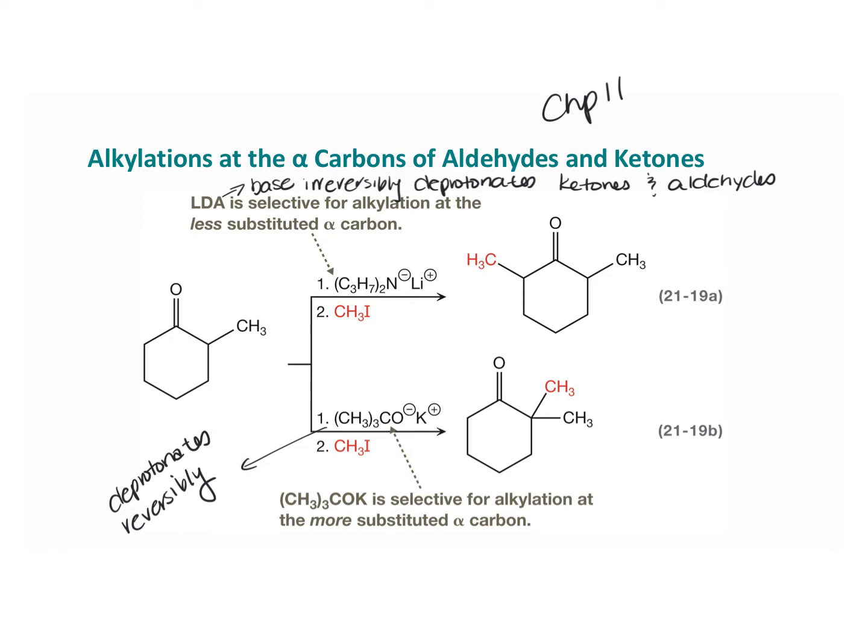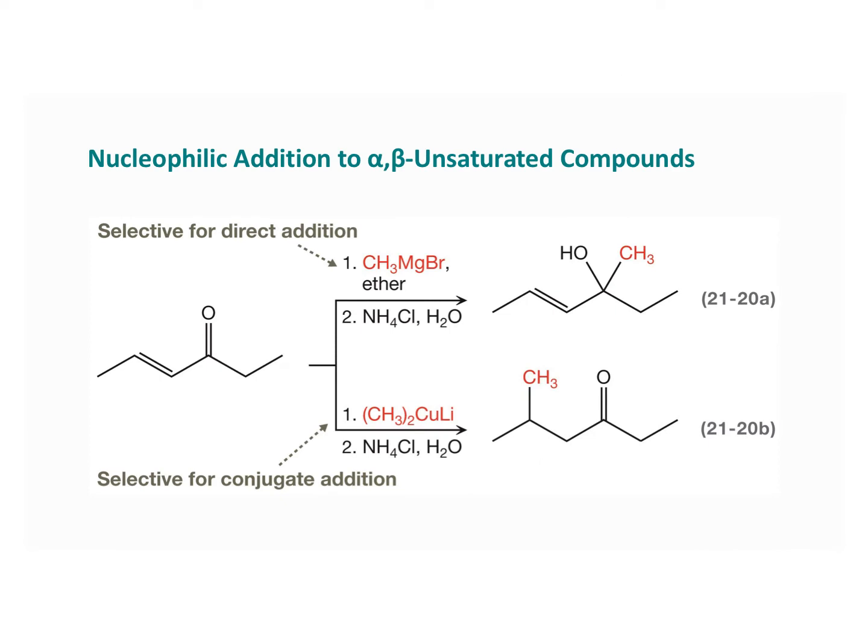Now, another example of this is nucleophilic addition to alpha beta unsaturated carbonyl compounds. Remember that occurs with very strong nucleophiles like Grignard reagents, right? And these are going to add selectively for direct addition. And I want to remind you, a synonym for direct addition is 1,2 addition.